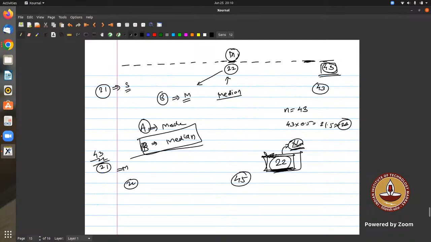So A will go for S. So in the new data set, 22 players will wear S, right? So A is added. And B will go for median, which is M currently. So if I add that one, out of 45 players, now this becomes 45.